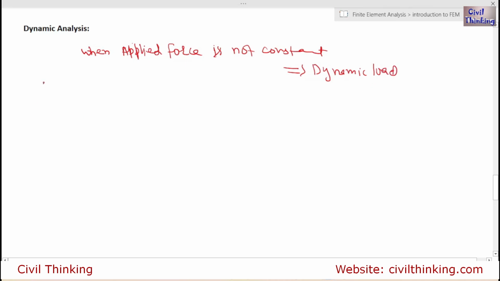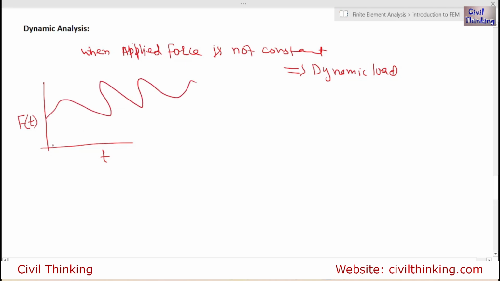What's dynamic load? Initially I told you in static analysis what happens if this is the force or load as a function of time. It is a straight line, because it is not actually a function of time. The force remains constant every time, right? That is static. But in case of dynamic analysis, the force changes.